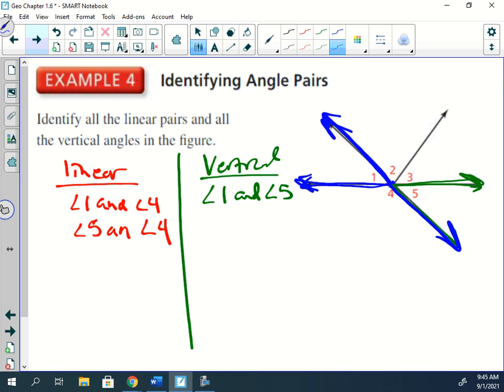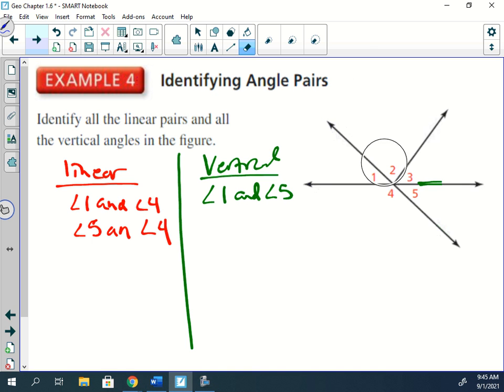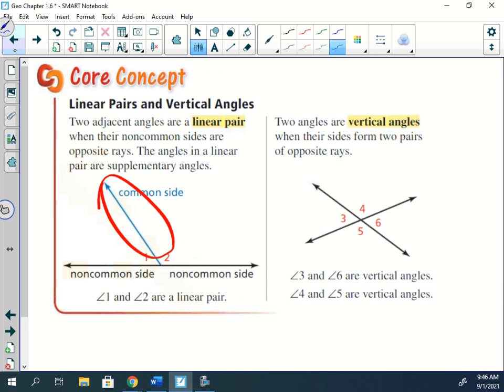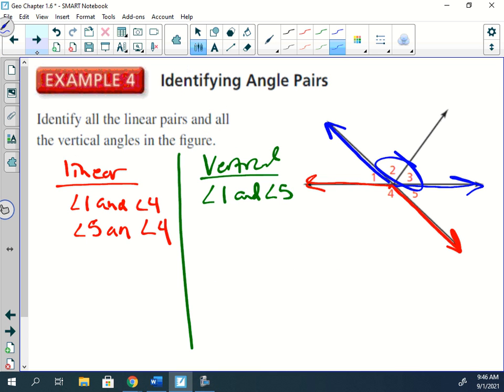Because if we looked at angle 4, I'm going to erase all this here. Angle 4 has this one here, yes? Its opposite ray would be here. The other side is here, and its opposite ray is going straight up, yes? Well, 4, and then we have 2 and 3. But we're talking about vertical angles being a pair, only one. So those don't work.